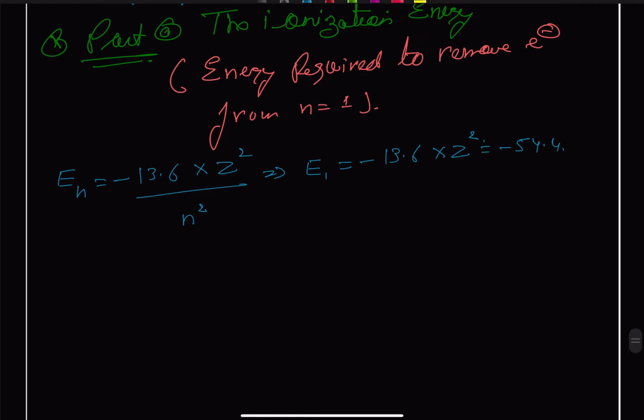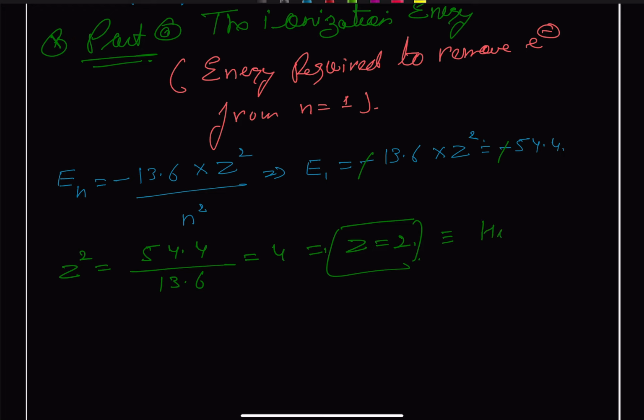Therefore we get the value of Z square, the minus and minus cancel out. This comes as 54.4 by 13.6, which comes as 4, giving us the value of Z equal to 2. Because it is given that it is a hydrogen-like atom, Z equal to 2 tells us we are dealing with the He positive ion.